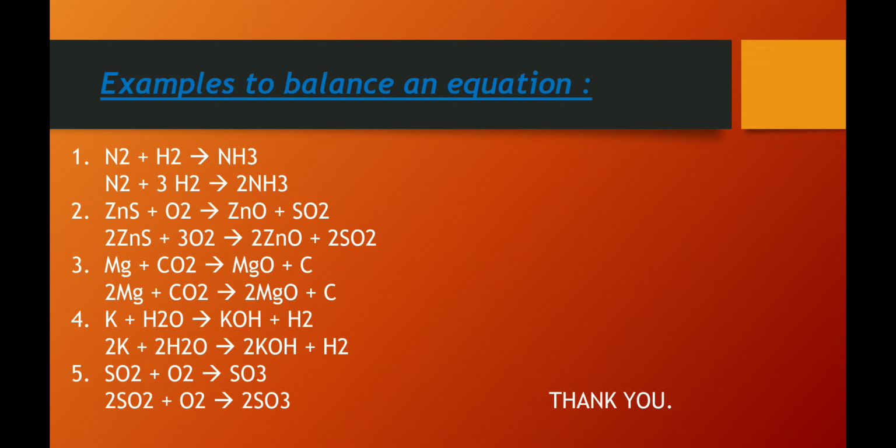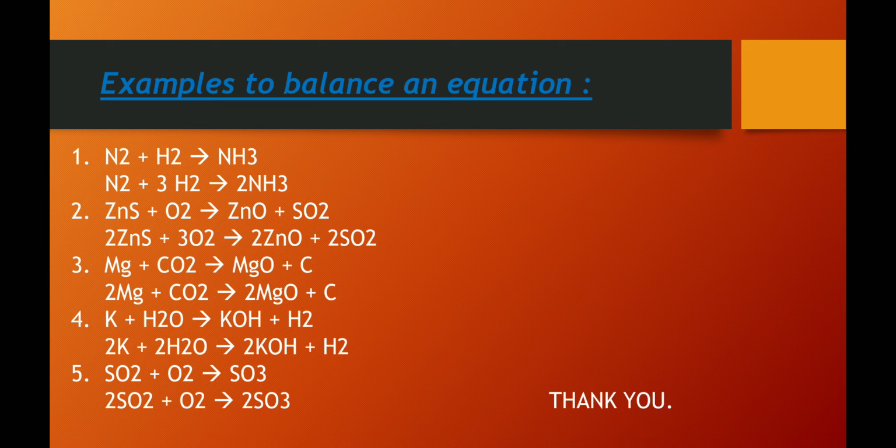Why? Because on the reactant side there are 2 atoms of nitrogen and 2 atoms of hydrogen, but on the product side only 1 atom of nitrogen and 3 atoms of hydrogen, which imbalance the equation.